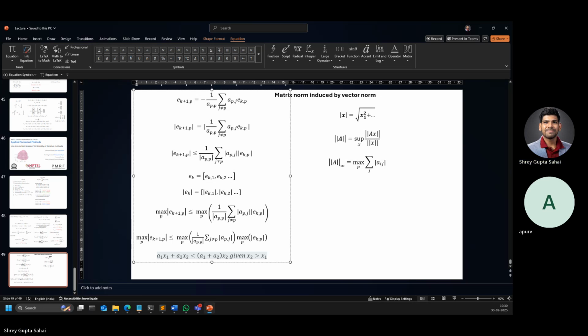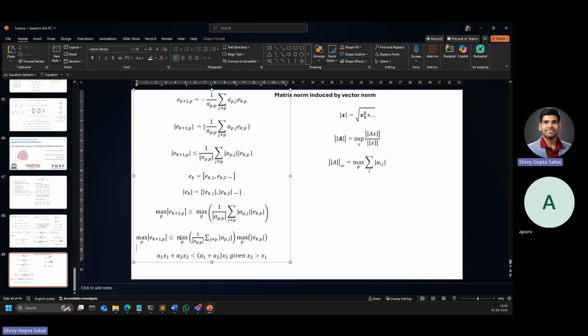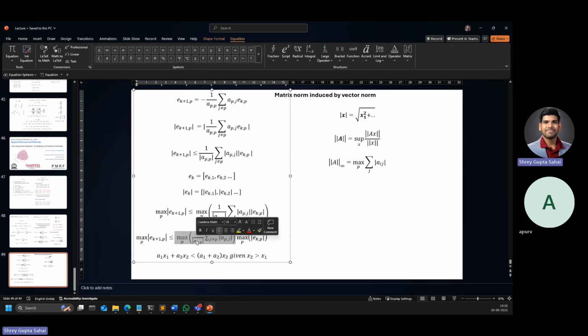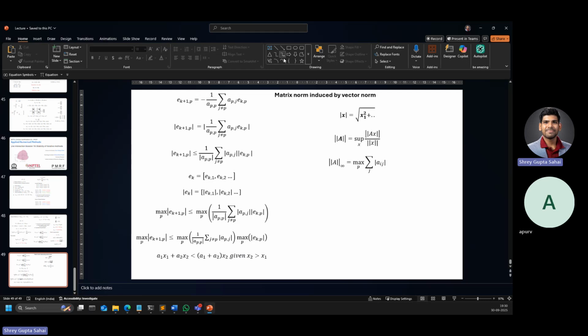Now, what does this imply? This identity implies that the maximum component of the error will always be lower than this entire term times the whatever. So the maximum component in your error will keep getting multiplied by, or will always be lower than, this coefficient.